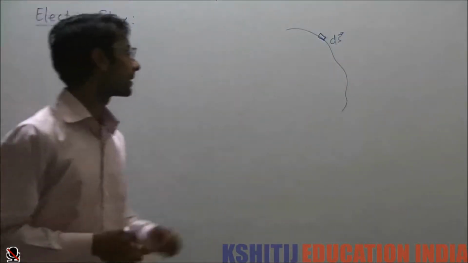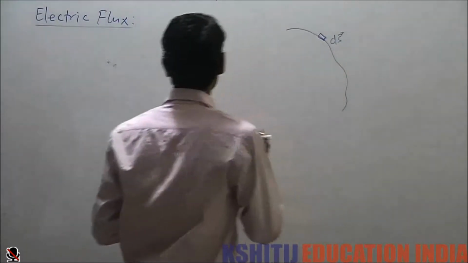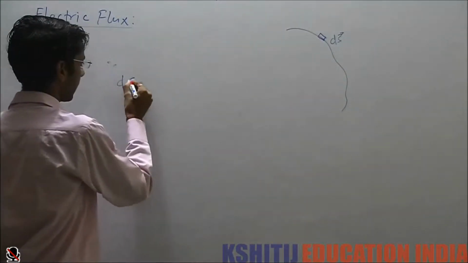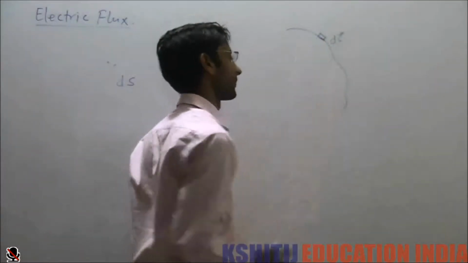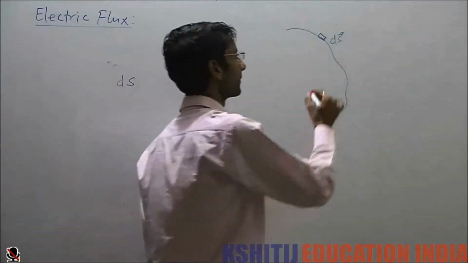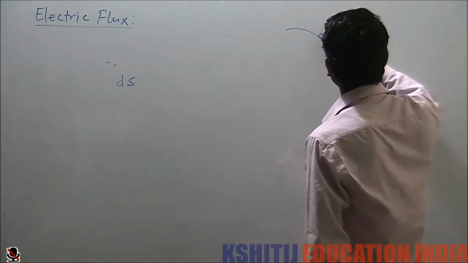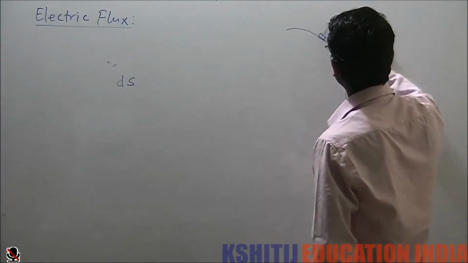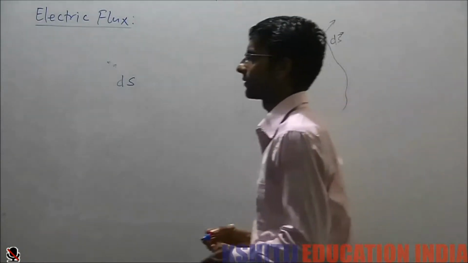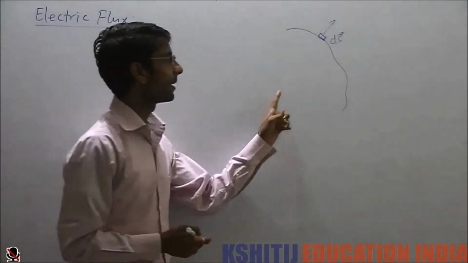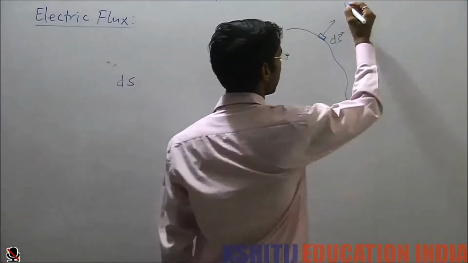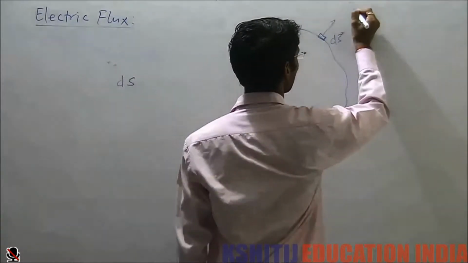Here, the magnitude of this will be simply dS, that means the area that we have chosen. Its direction will be perpendicular to that surface. Its direction is always perpendicular to that surface, and if it is coming outward, we call it a positive normal.